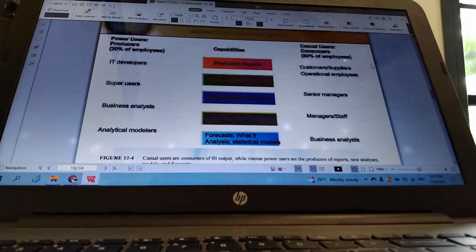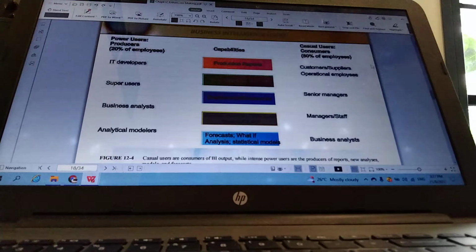For example, the IT developers will help you in producing all the reports, in generating all the report structure, report design, report formats, and so on. And who are the users of these reports? As we discussed earlier, the casual users, who are the 80% of the employees.